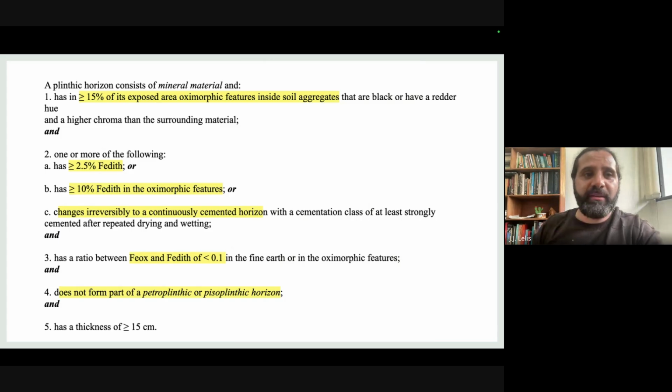So let's see the criteria to identify a plintic horizon. It has mineral materials, so the organic carbon content should be less than 20%, and it has 15% of the exposed area with oxymorphic features inside soil aggregates that are black or have a redder hue and a higher chroma than the surrounding material.